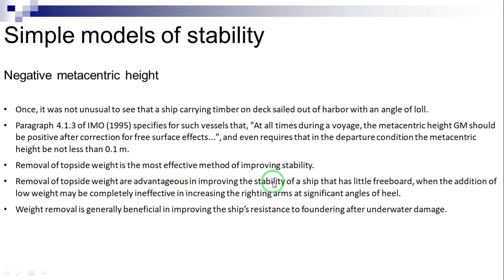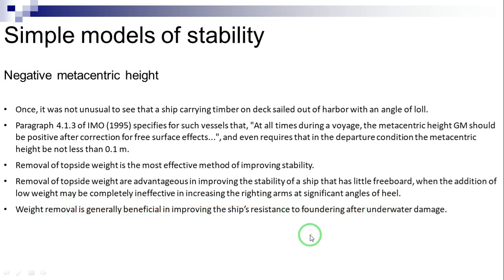Removal of topside weight is particularly advantageous in improving the stability of a ship that has little freeboard, when the addition of low weight may be completely ineffective in increasing the righting arms at significant angles of heel. In addition, weight removal is generally beneficial in improving the ship's resistance to foundering after underwater damage.